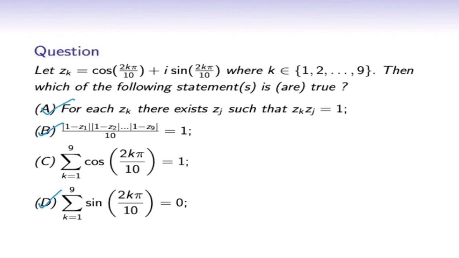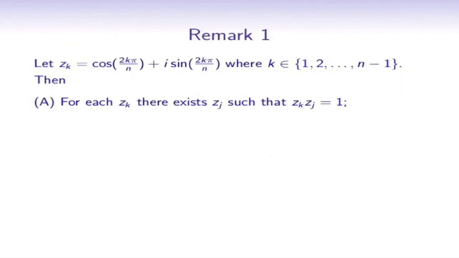I would like to give a remark before proceeding further. Suppose I take zk to be a complex number whose real part is cos 2k pi by n and whose imaginary part is sin 2k pi by n, where k is in the range 1, 2 and so on up to n minus 1.